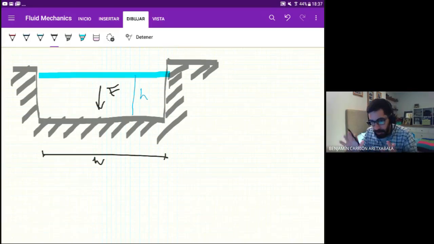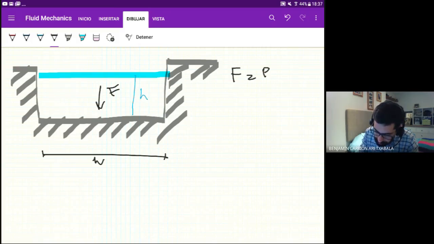The force is gonna be the pressure at the bottom times the area. We can assume that this pool has 1 meter into the screen, and the pressure at the bottom is going to be, anyone can write it down or tell me?